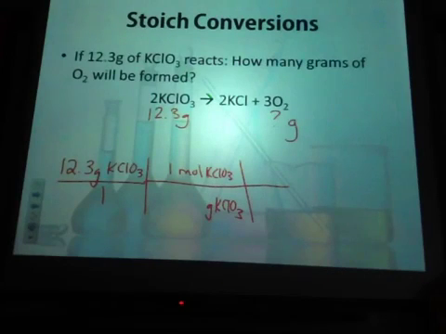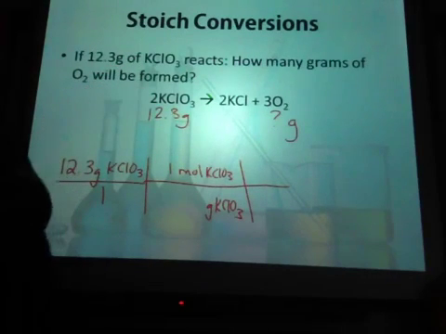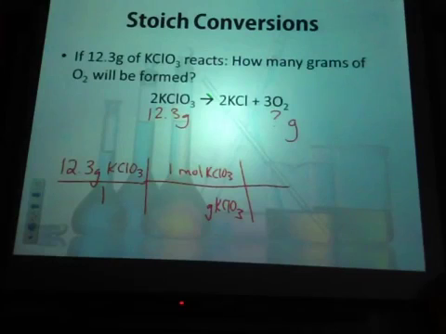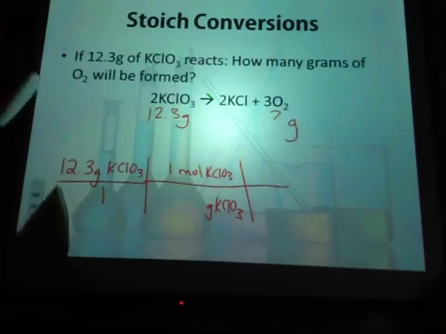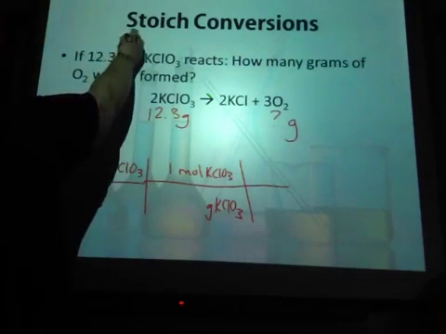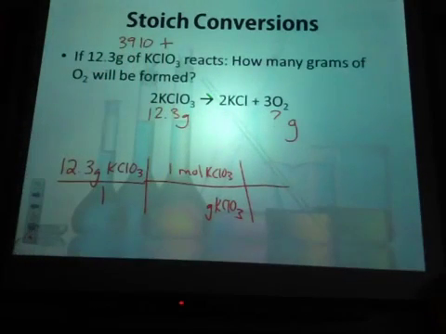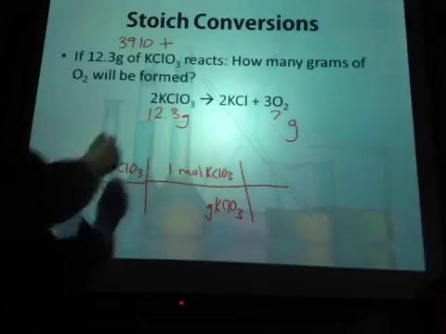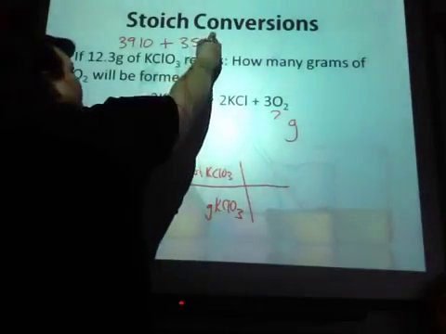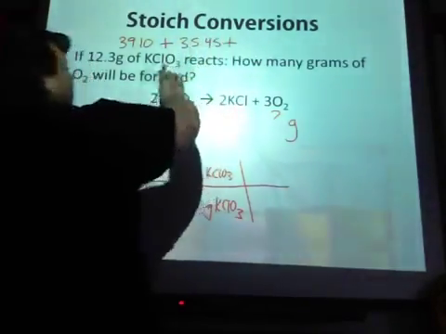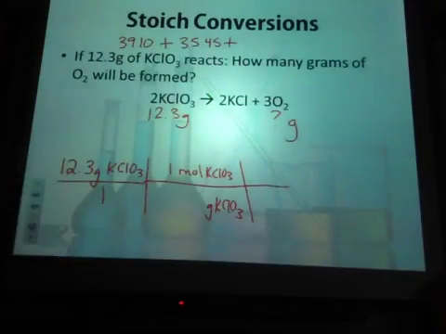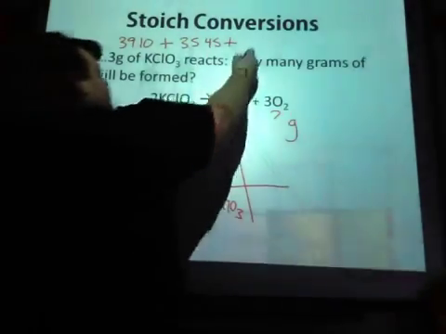Periodic table. So we have 1 potassium, which has a mass of 39.10. We're going to add it to a chlorine, 35.45. And then we have 3 oxygen. So what do we have to do with oxygen's mass?